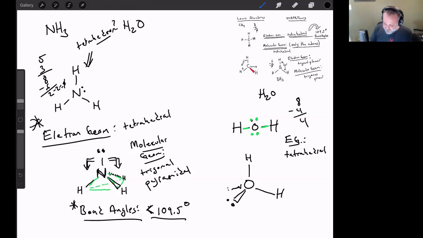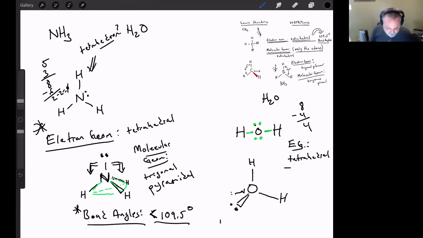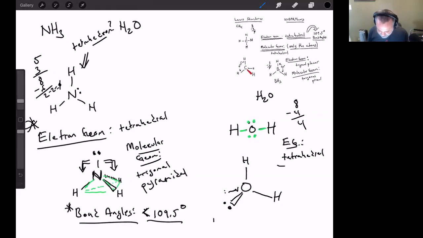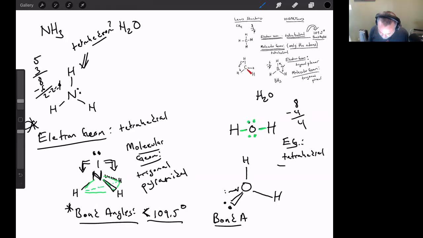So now that I've figured out the electron geometry, I can go ahead and say, look, what about the bond angles? Well, the bond angles are going to be the same as they were before because they're based on the electron geometry, and it's 109.5 degrees because that's the bond angle that goes with tetrahedral geometry.